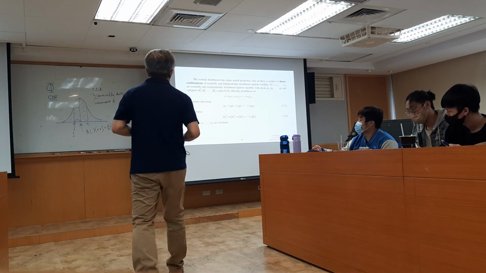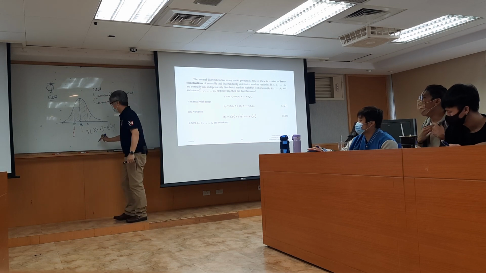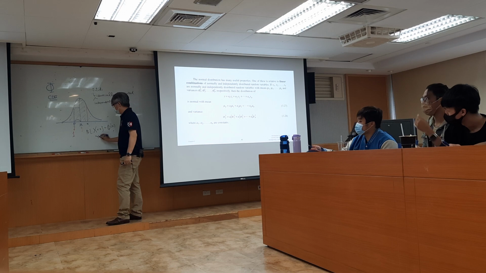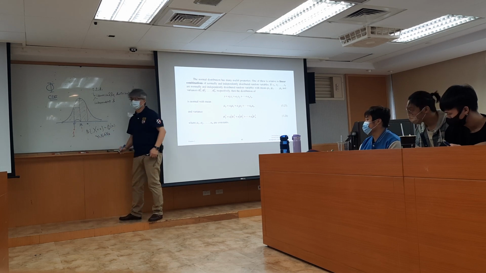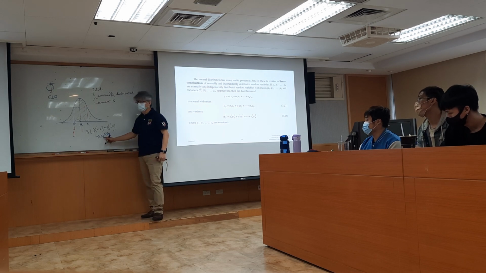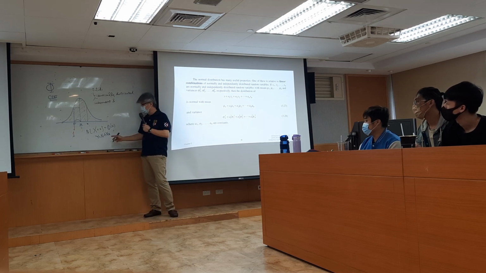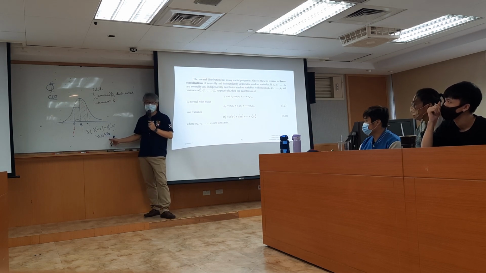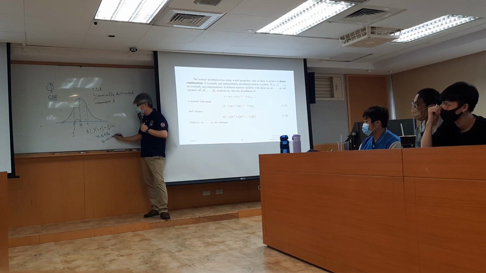For example, gentlemen, say there are two random variables, and they are IID. x1 follows the normal distribution with mu1, sigma 1 squared. x2 follows the normal distribution with mu2, sigma 2 squared.